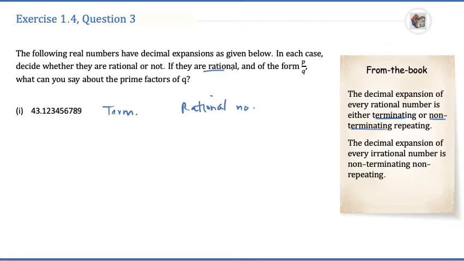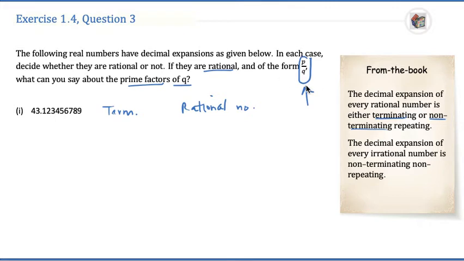It said if they are rational and of the form p by q, you don't have to write it in the form p by q, but what can you say about the prime factors of q? Now, this is something based on the previous questions that we've done. We saw exactly when a rational number of the form p by q has a terminating decimal expansion.